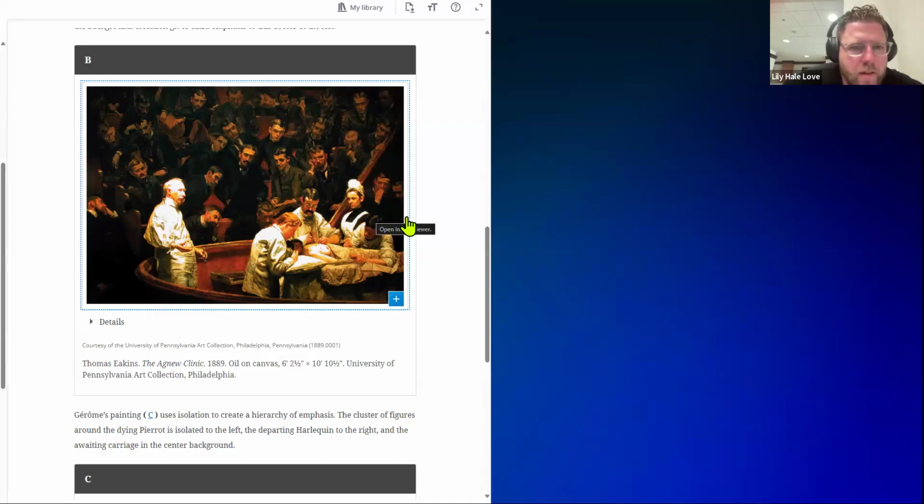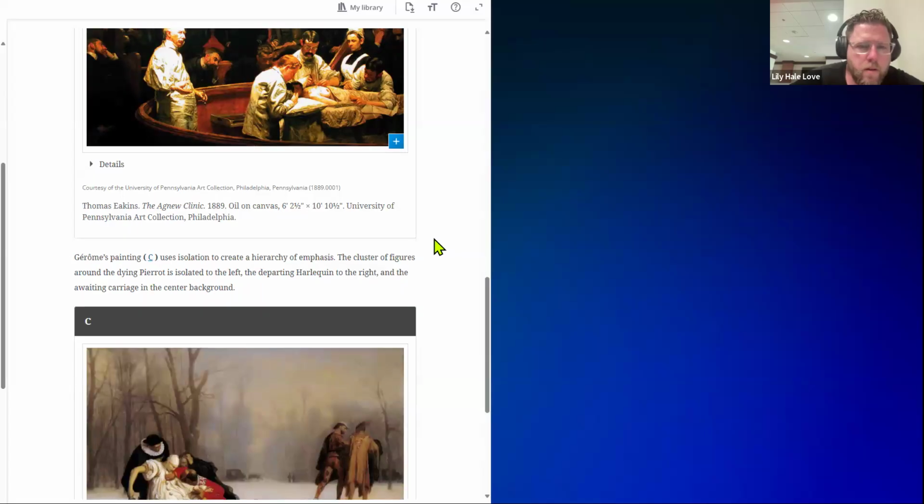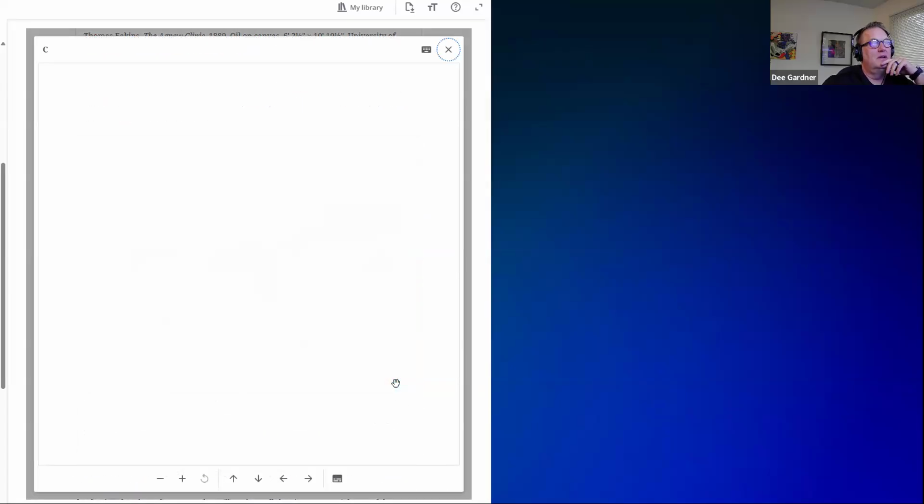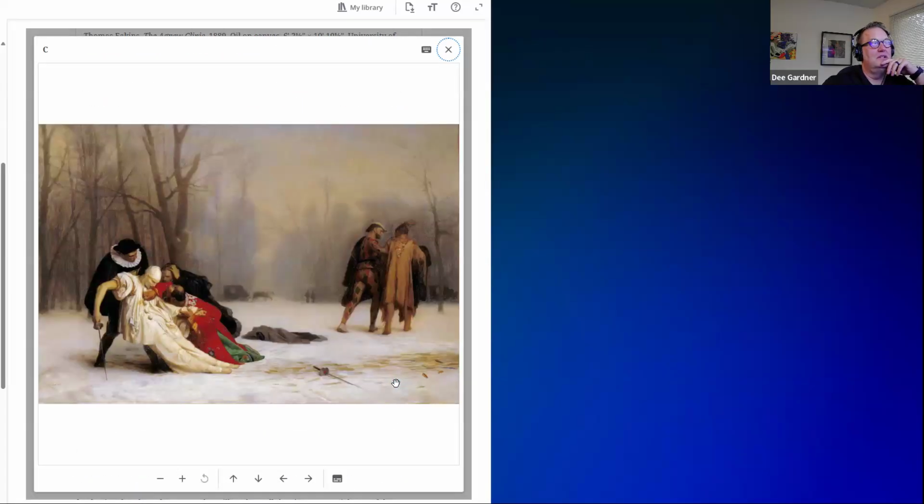But notice, the focal point is on the doctor because he's the brightest subject in the painting. Yes. This one shows up in a couple of chapters, and so we discuss different things.